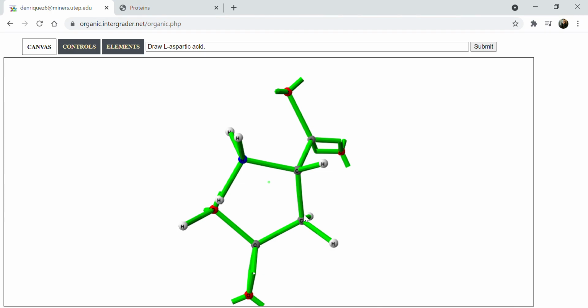Or we drew asparagine? Okay, nonetheless, we don't have another chiral center, so we can leave it. I think when we have another chiral center, we want to make sure it's opposite of this. So if this is R, we want to make sure it's S. Or at least if you have that paper, if this group is on this side, the OH group needs to be on this side.